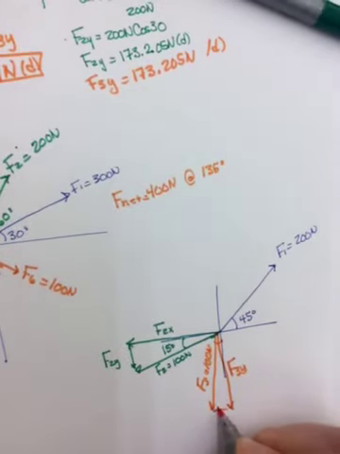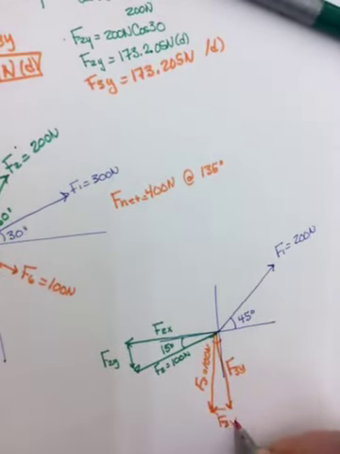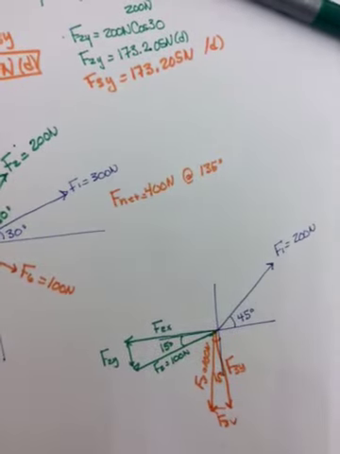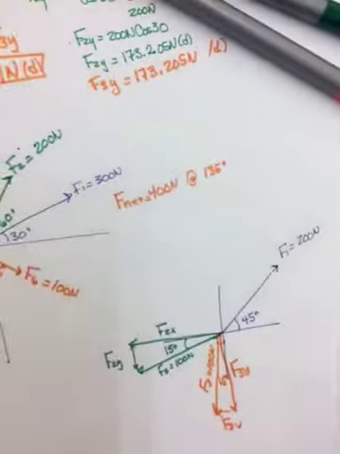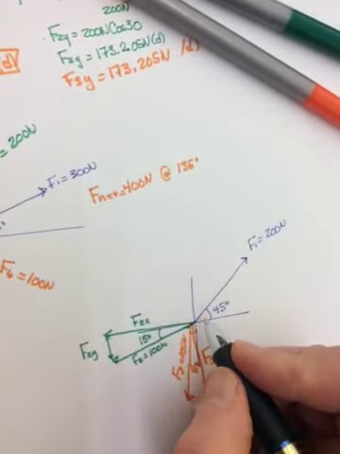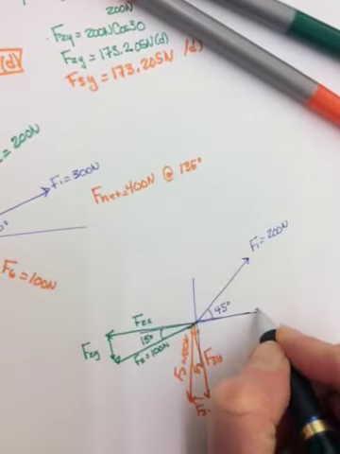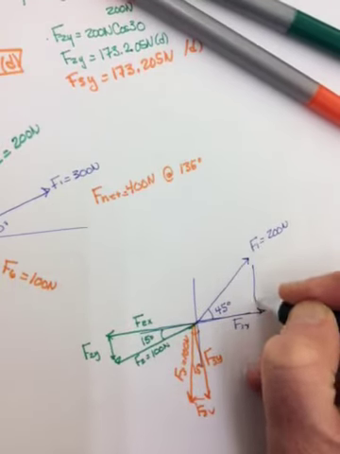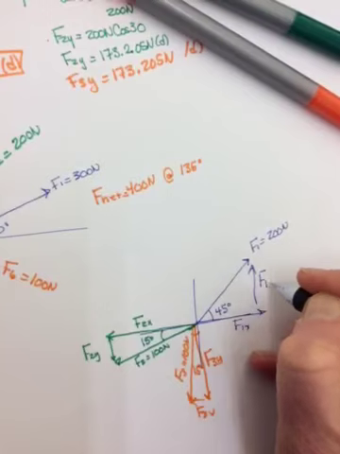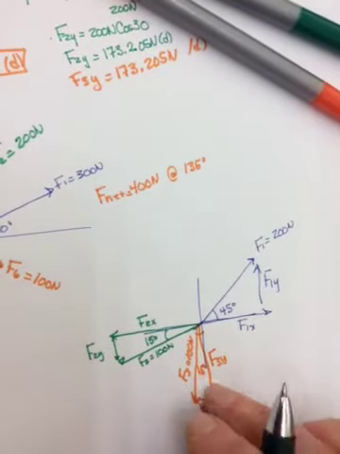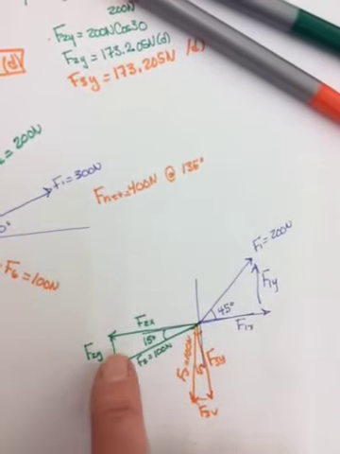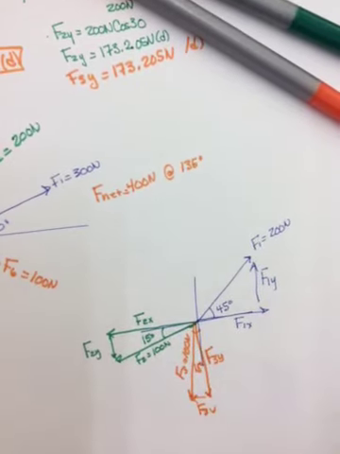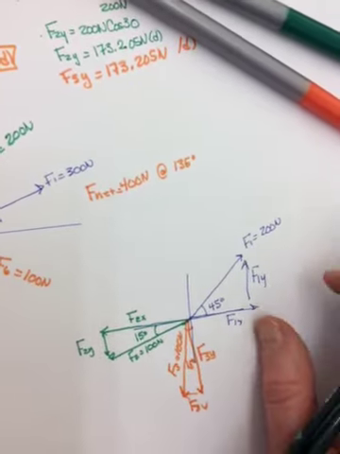This will be your F3x, and this angle in here will also be 15 degrees. So you're going to need to find components, just like you're going to need to find components of this guy. This will be F1x and F1y. So you're going to need to find what each of these components are, and then you're going to add up all the y's and add up all the x's. Add or subtract, depending on which way they're going.